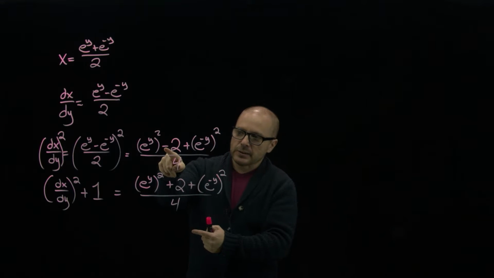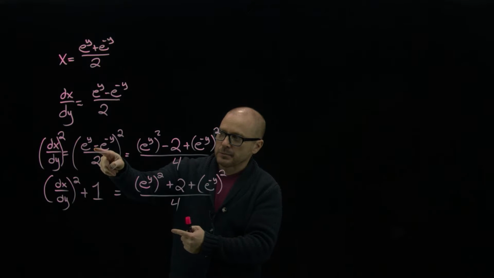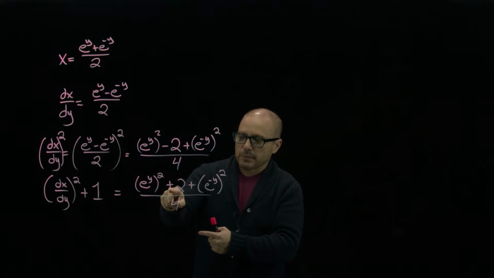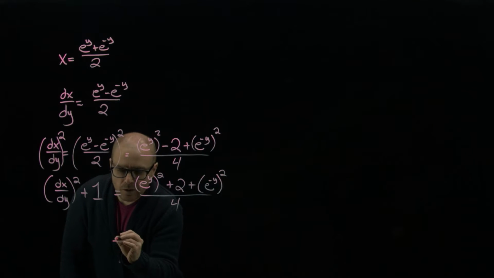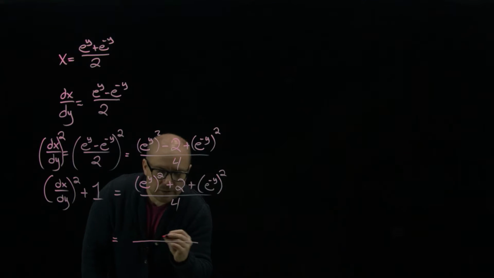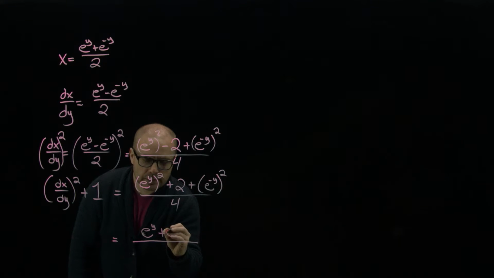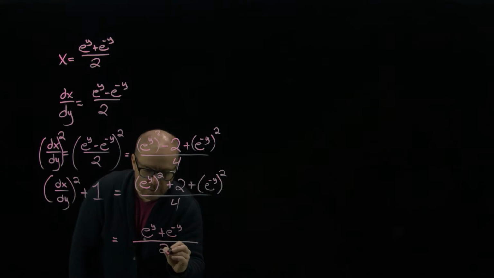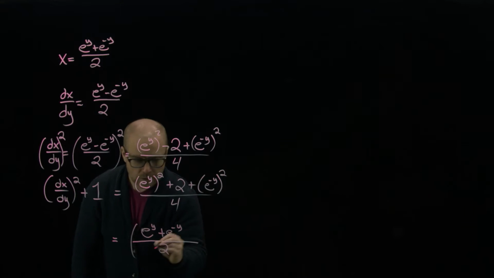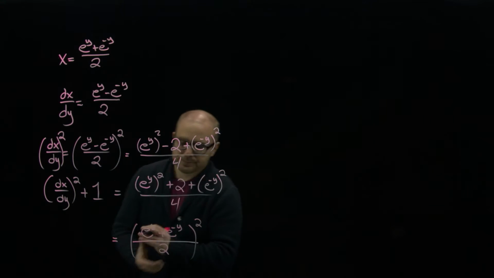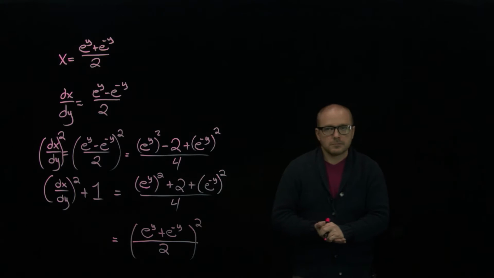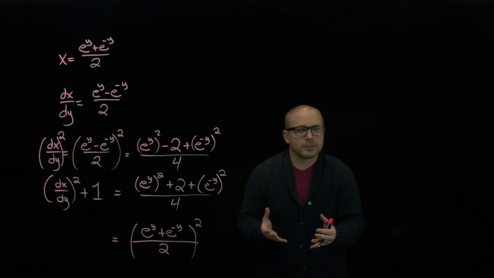Because the only thing that minus comes from is that minus in between. So when we added 1, it becomes a plus. So this, although maybe not obvious when you look at it, will factor as e to the y plus e to the negative y over 2 squared.